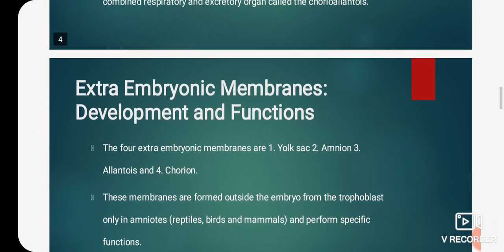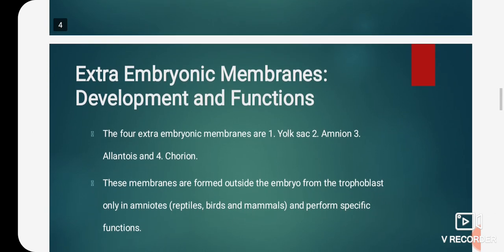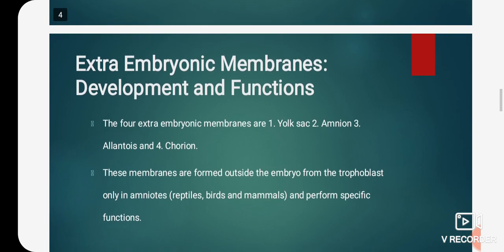Students, the four extra embryonic membranes are yolk sac, amnion, allantois, and chorion.